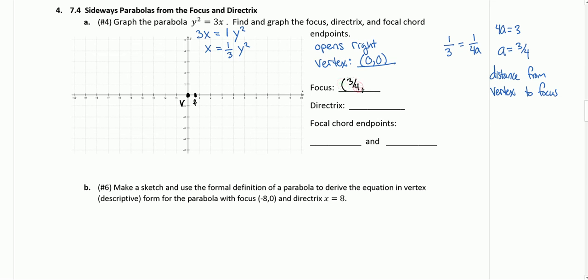That's our x value, 0 for y. The directrix is the opposite side of the vertex, the same distance away. So 3/4 to the left of the vertex, we have the directrix, which is this line. And the equation of the directrix is going to be x equals, all vertical lines are x equals, and negative 3/4 is the x value it goes through.